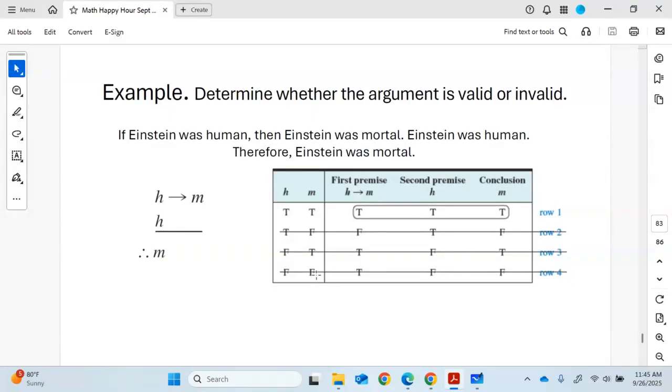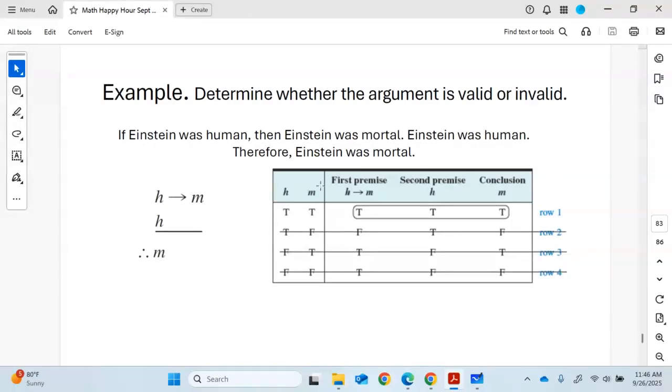Einstein was human, therefore Einstein was mortal. I had already written this argument in symbolic form. So that's my step number 1, which is H implies M. Then premise number 2, H, conclusion, therefore M. This argument is represented like that.